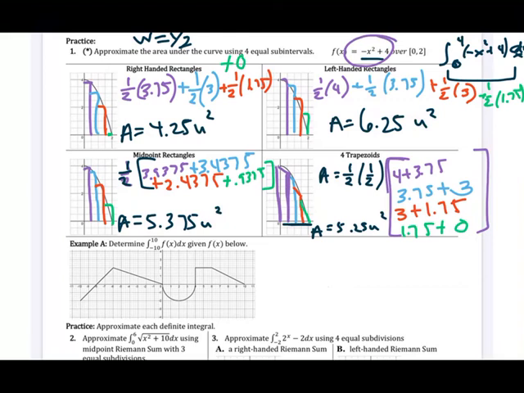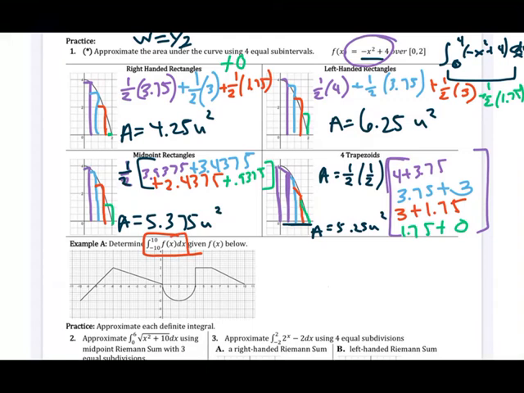What I want you to do on example A below this is construct shapes, triangles, rectangles, circles, trapezoids, shapes that you know how to find the area of. I want you to draw them on this picture to approximate the total area under this curve, which we could write as the integral from negative 10 to 10 of f of x dx.